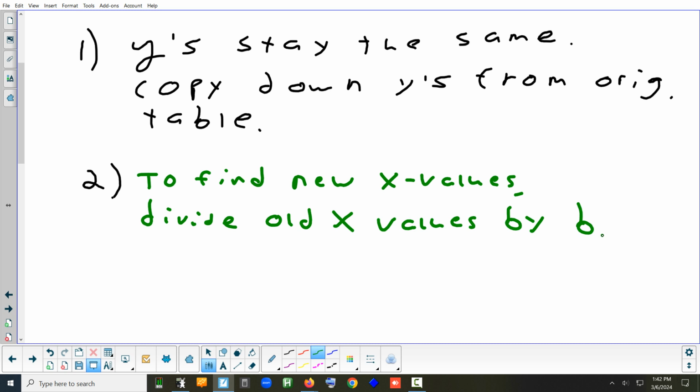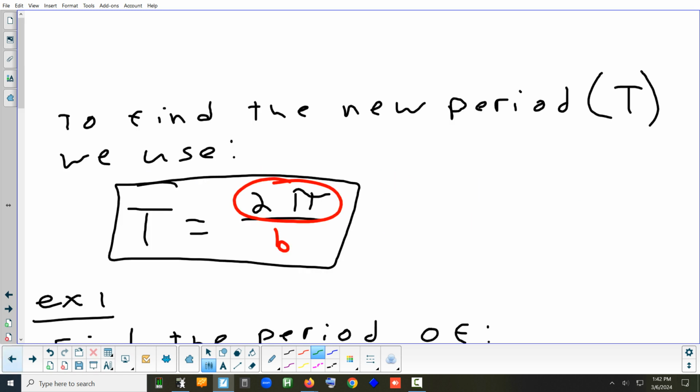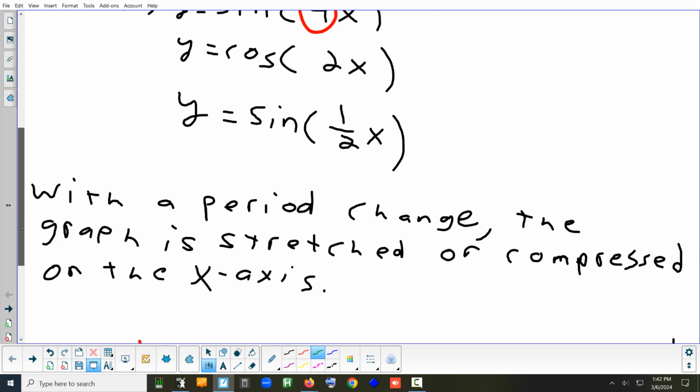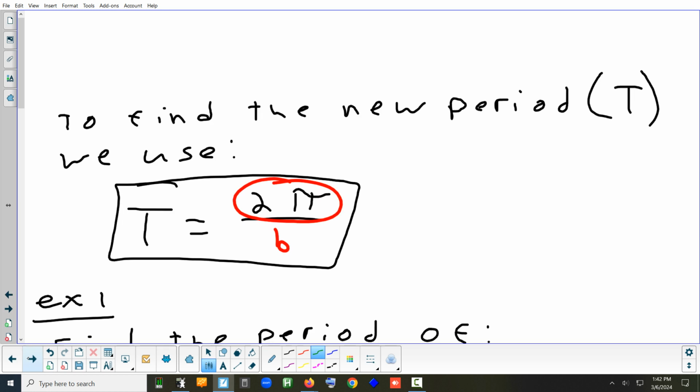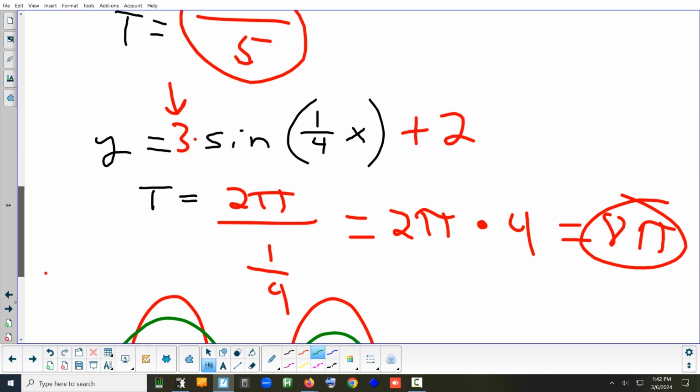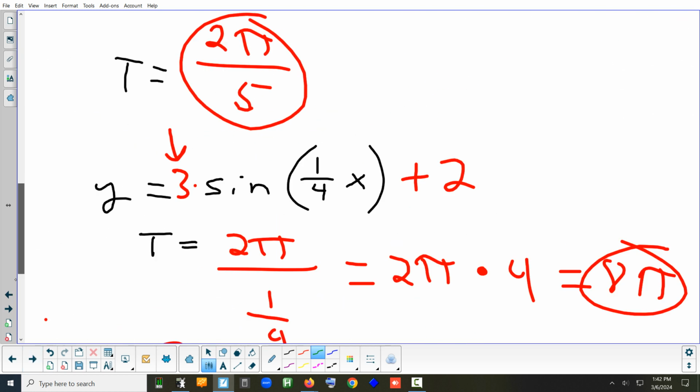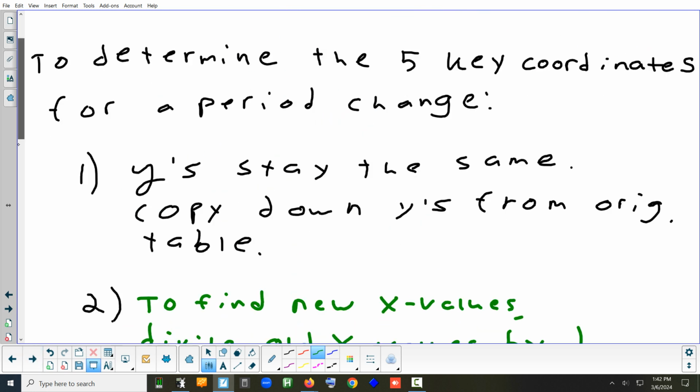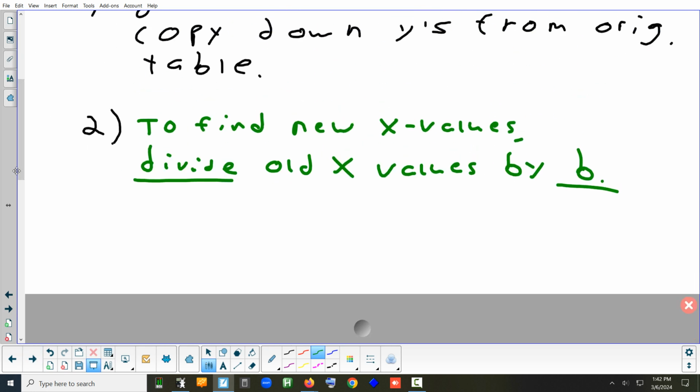Now, if you have to divide by b, and b was a fraction. So let's say that you had a fraction in front of it, like this one. B is a fraction. Dividing by a fraction is the same as what? Multiplying by the reciprocal. Exactly. So instead of dividing by b, sometimes, depending on the problem, I might multiply by its reciprocal.